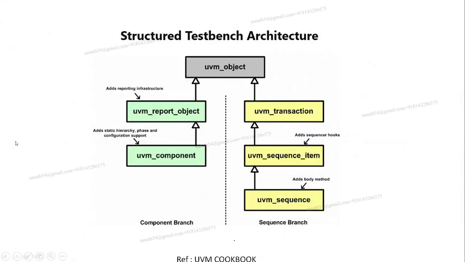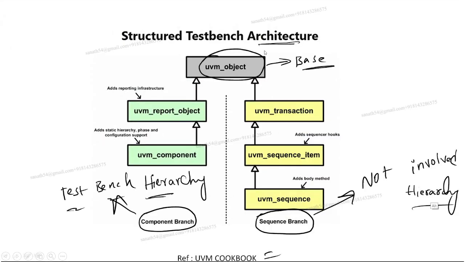So this is a structured test bench. We already saw that it is divided into two parts: the component branch and the sequence branch. The component branch has a hierarchy. uvm_object is the base class, and under this uvm_report_object is the child class. Under this, uvm_component is a child class.